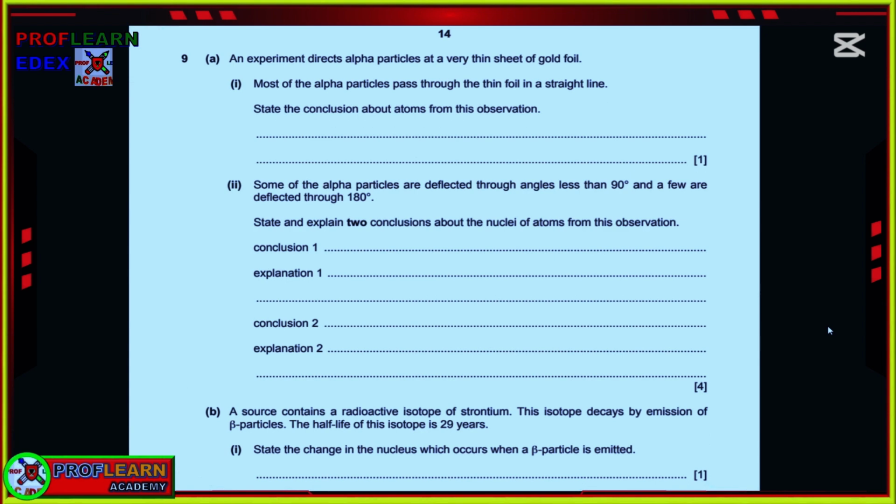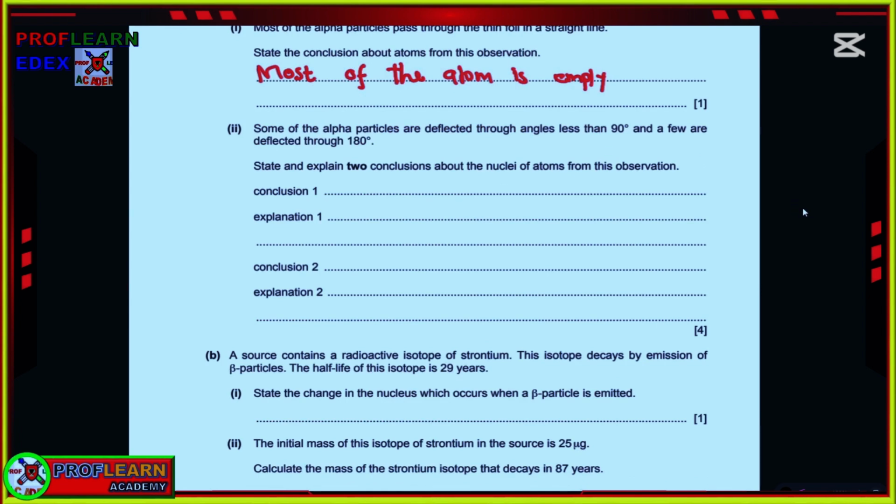Most of the alpha particles pass through, meaning that the atom has much of its space empty. They did not interact or collide with anything. So in such an observation, you say most of the atom is empty space.